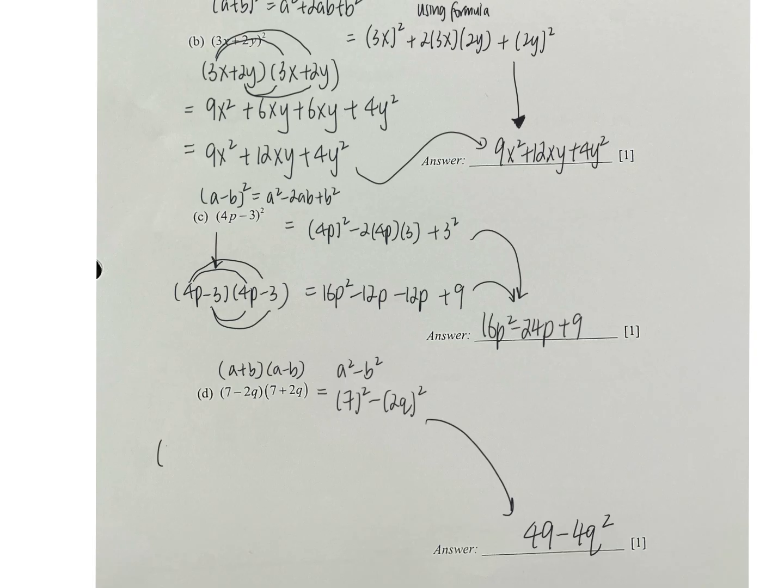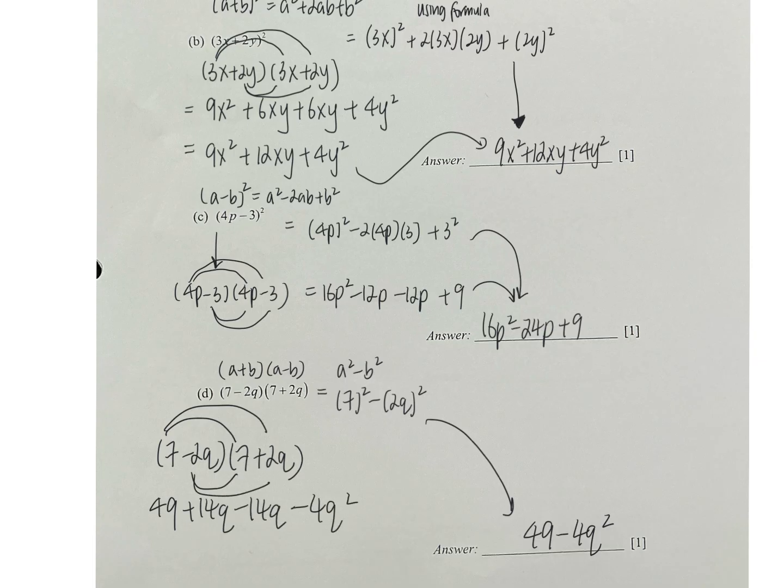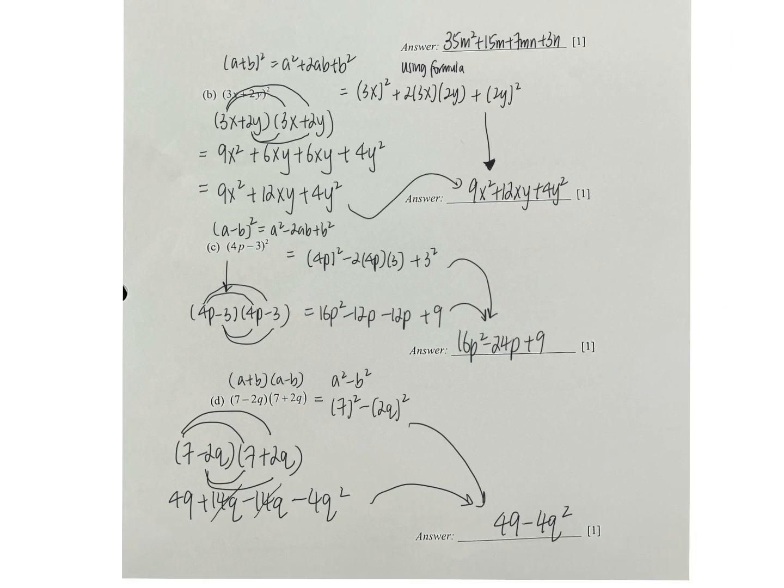If you don't want, you can also expand by rainbow method. 49, 14q, minus 14q, minus 4q squared. So these two cancel out. You also get the same answer. So no matter what, make sure you know how to do the expansion.